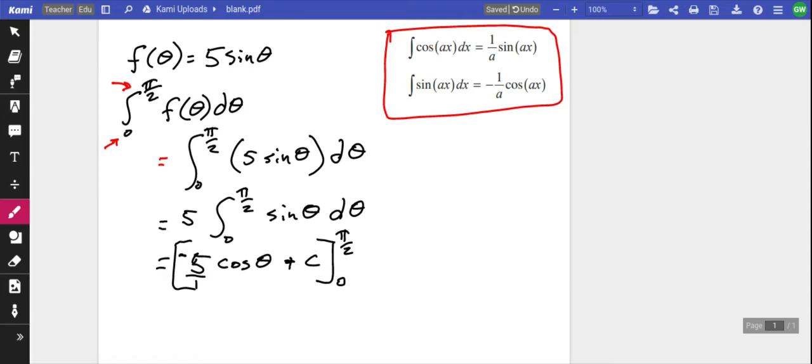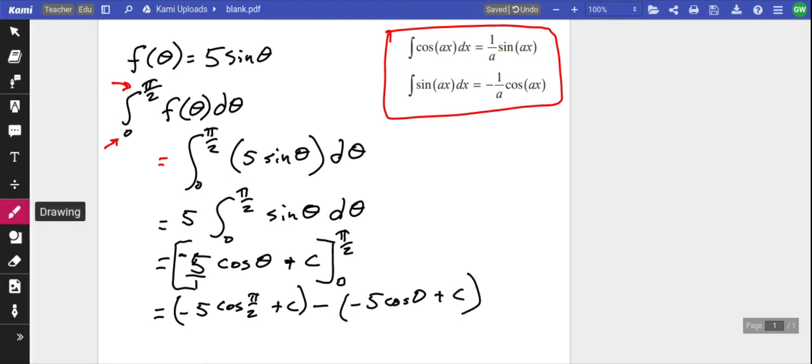So that would look like negative 5 times cosine of pi over 2 plus c, that's the expression evaluated at pi over 2, minus the same thing, negative 5 cosine of 0 plus the constant of integration. Because it's a definite integral, I really didn't have to write in that constant of integration. It disappears. I've got a plus c there, and c gets subtracted over there, and we're good to go.